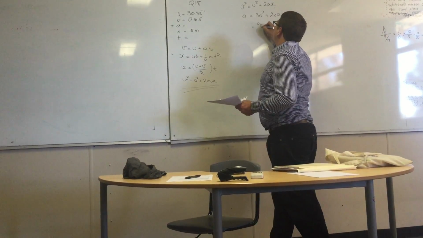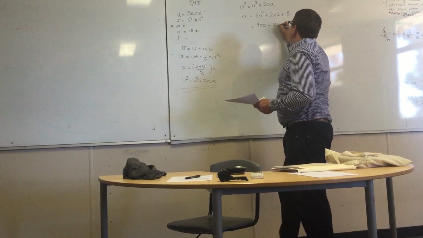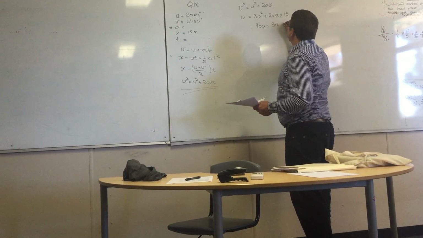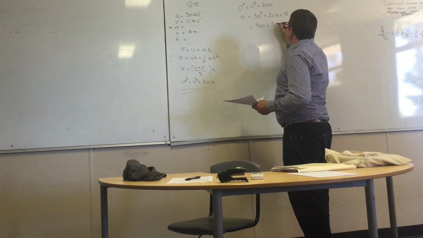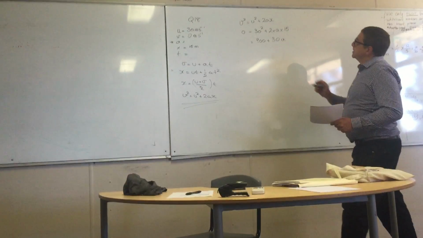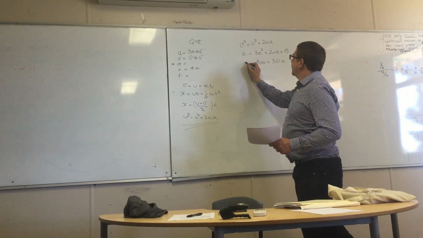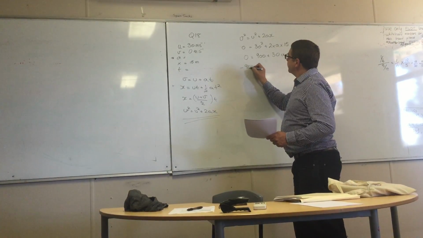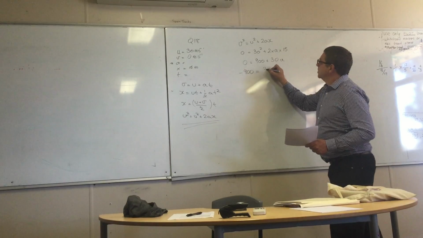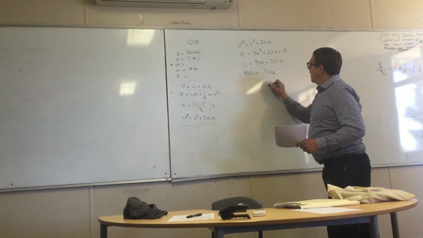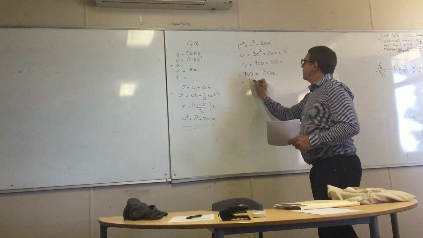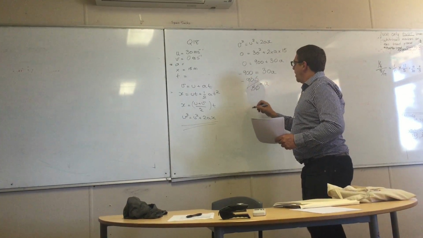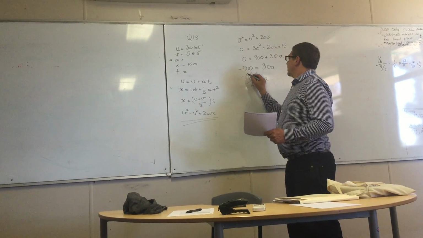Plus 2 times 15 is 30. So negative 900 equals 30A. So A equals negative 900 over 30. And that ends up being negative 30.